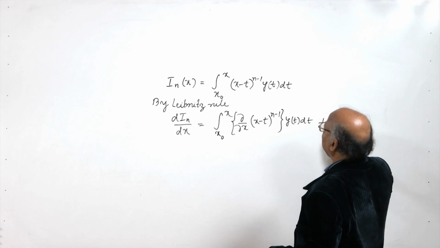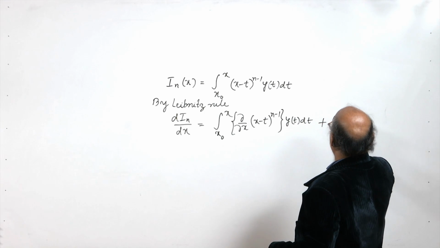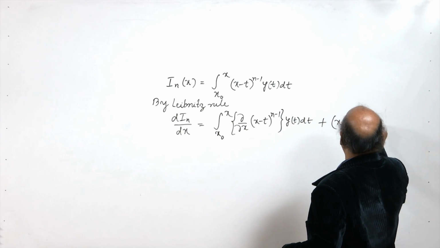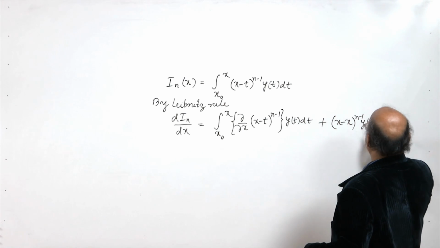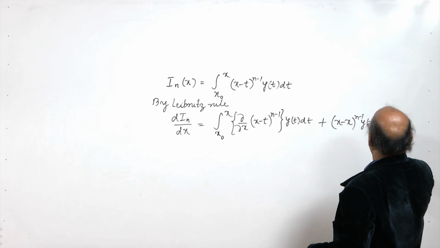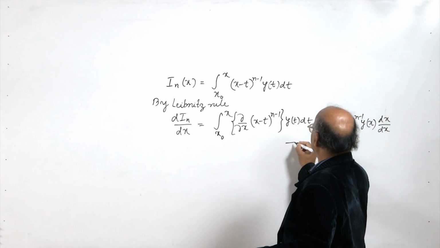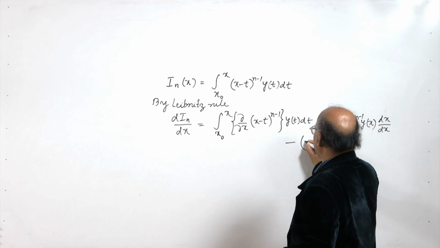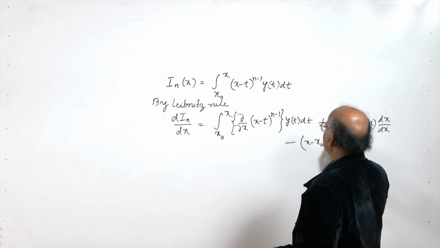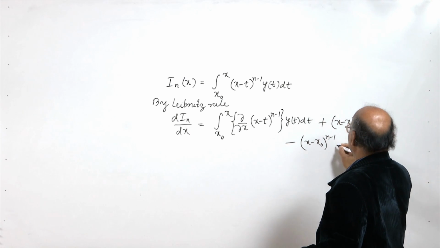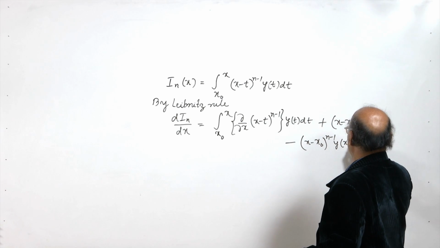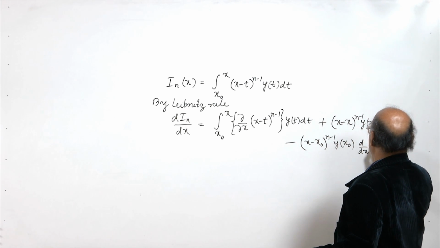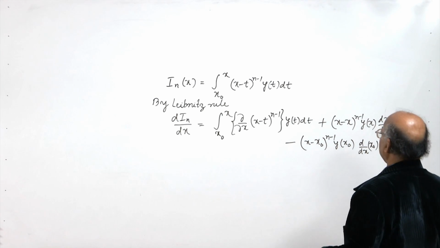plus the value of the integrand at the upper limit. So, we get (x minus x) raised to the power n minus 1, times y(x), into the derivative of the upper limit with respect to x, minus the value of the integrand at the lower limit. So, (x minus x naught) raised to the power n minus 1, times y at x naught, into d over dx of x naught.